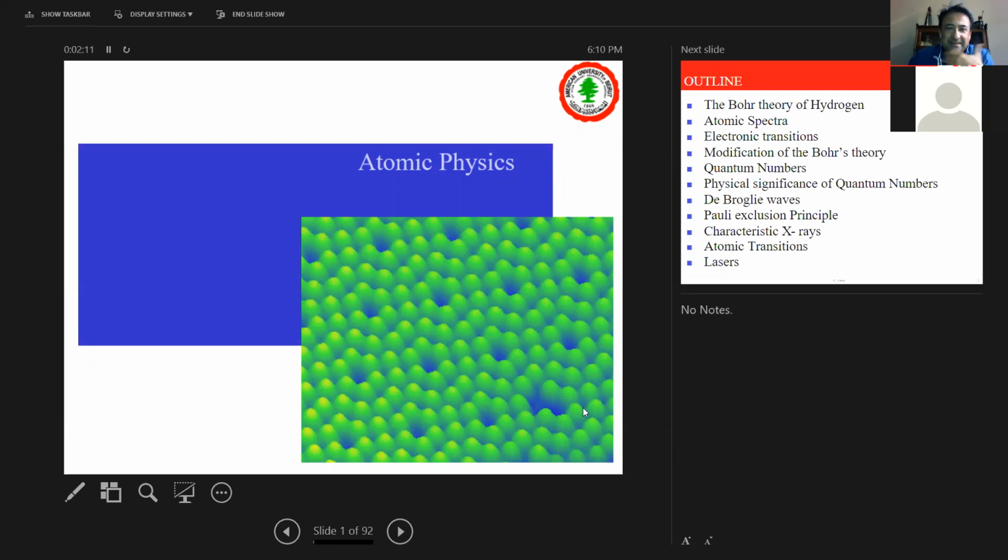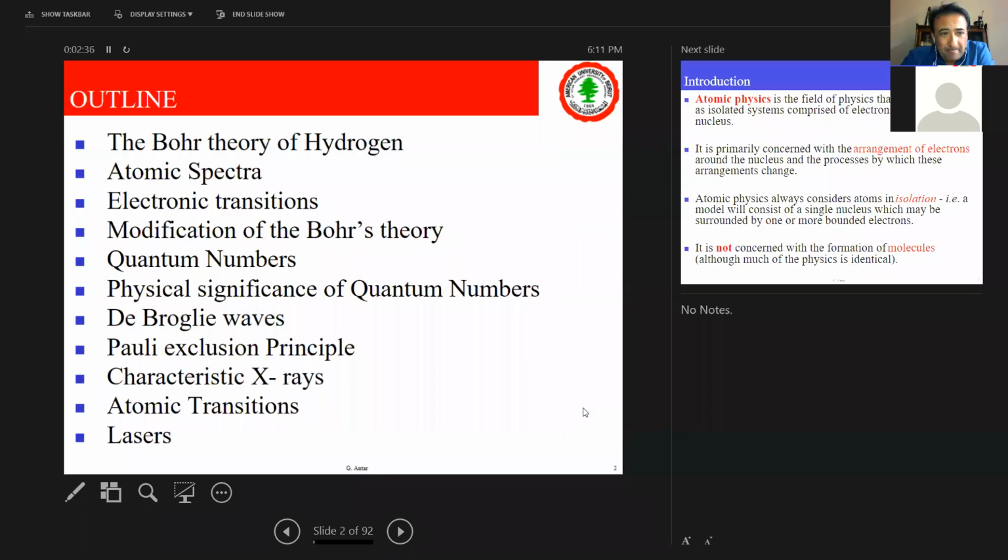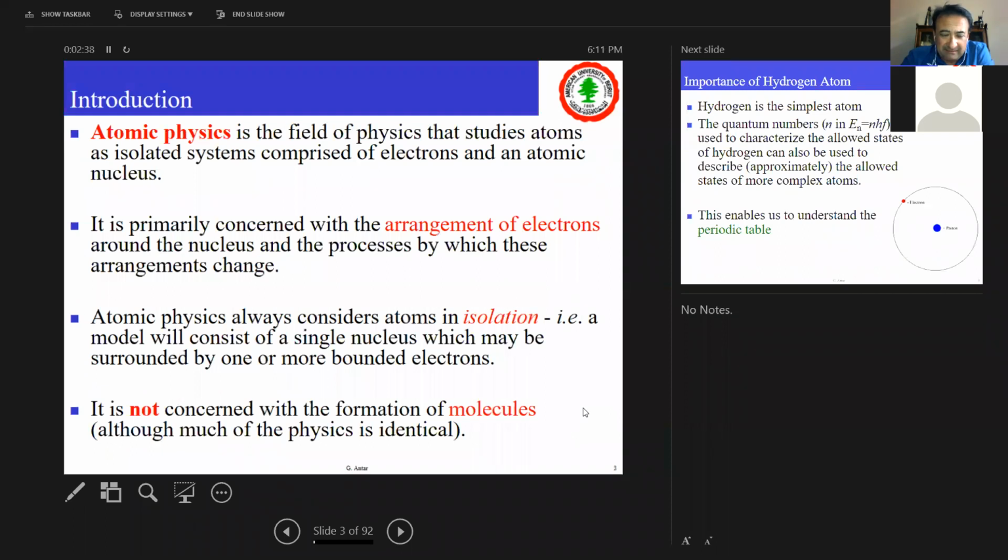That's the idea: to explain why, for example, copper is a very good conductor and why germanium is a semiconductor, and all these properties which come from their atomic properties.